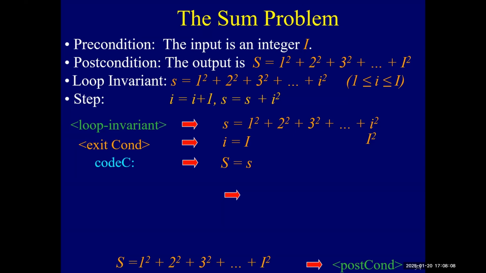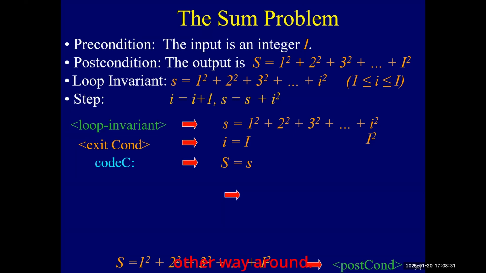I need this, I have that. How do I make them the same? I got to make little I, capital I. How do I get that to happen? My exit condition. I also have to make little s, capital S. How do I do that?